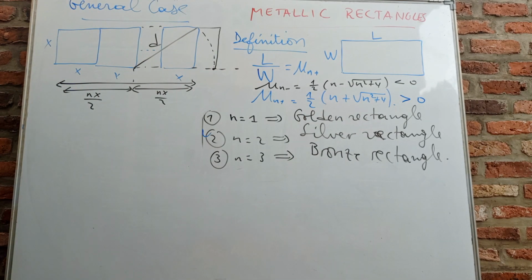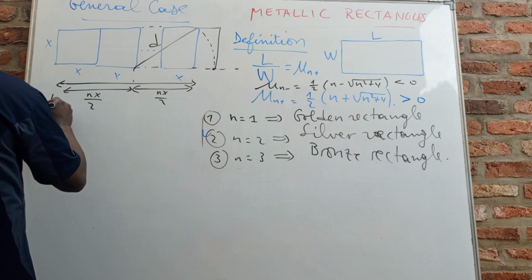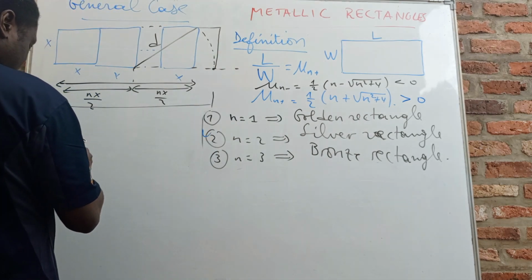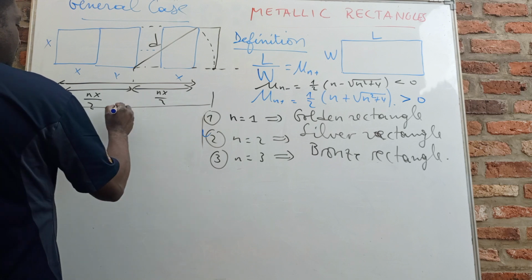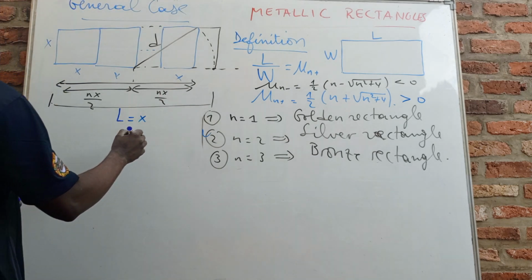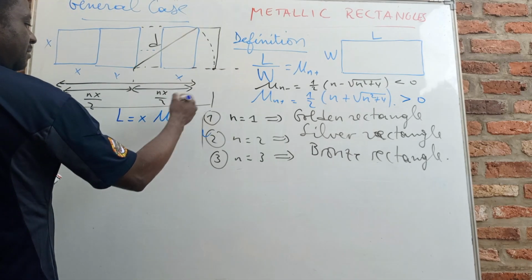It will be a metallic rectangle, and in order to prove this, we call this length till here L, and we are going to prove that it is equal to x times the metallic ratio.